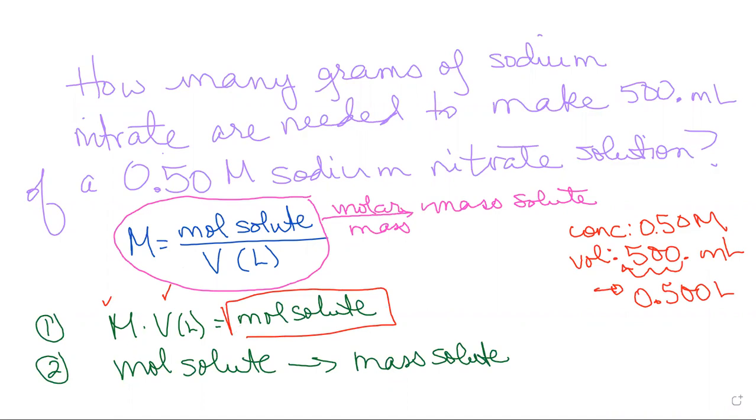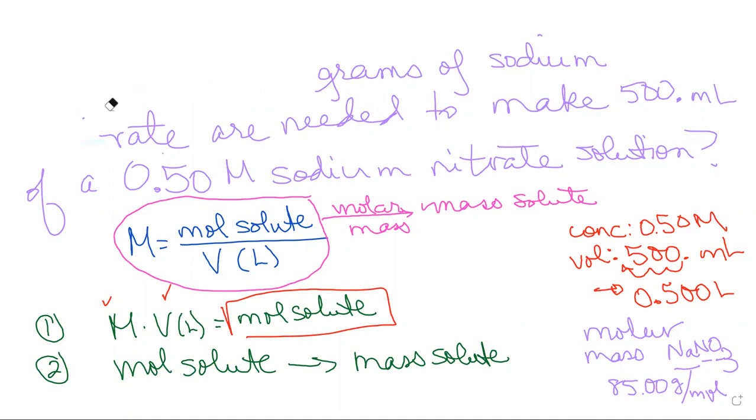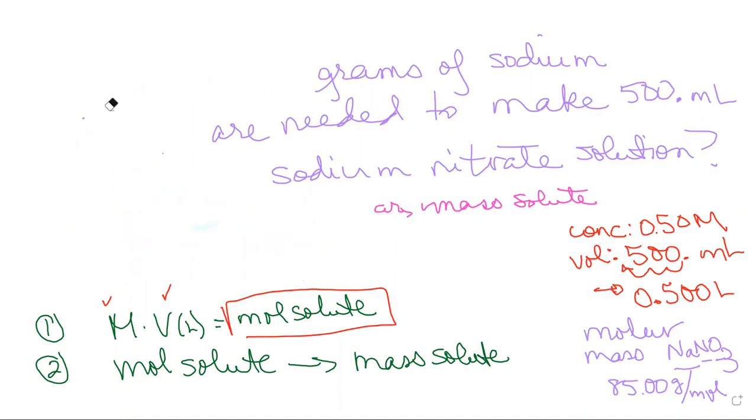What about step 2? We need the molar mass. So the molar mass, and what does sodium nitrate look like? NaNO3. Okay. So let's find out what it is. It's 22.99 for the sodium, plus 14.01 for the nitrogen, plus 48 for 3 oxygens, and you get 85.00 grams per mole. Okay, so now we can actually do the problem. So let's do step 1, followed by step 2.